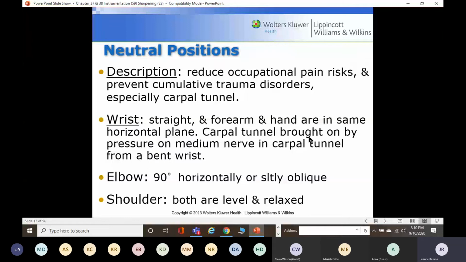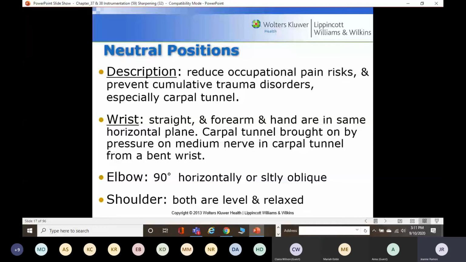Neutral positions we should always try for. Neutral positions mean that everything is straight. It reduces the occupational pain risks and prevents trauma disorders, especially carpal tunnel. So your wrist, to be in neutral position, should be straight and not cocked up or cocked down. Your wrist, forearm, and hand are in the same horizontal plane.